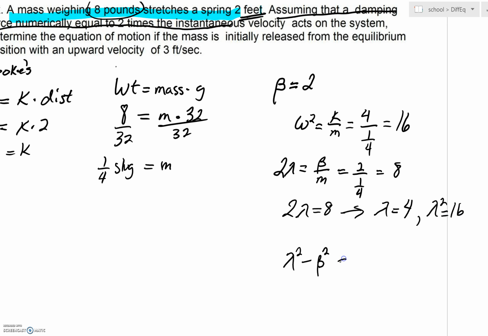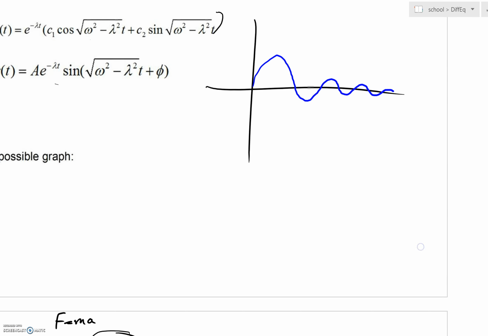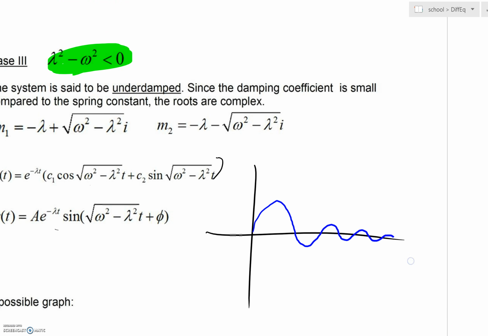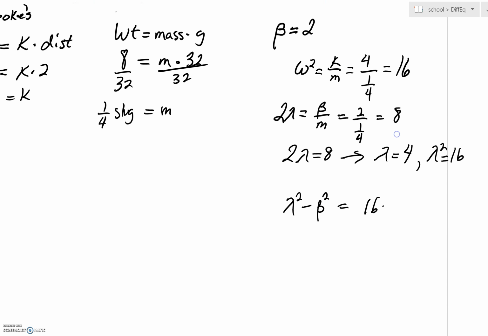Forgive me, I wrote lambda squared minus beta squared. What did I mean to write? Lambda squared minus omega squared. My apologies for that. We'd have 16 minus 16. So that's going to be 0.